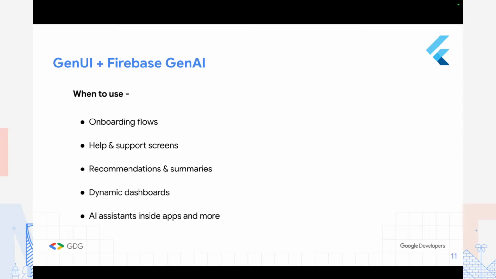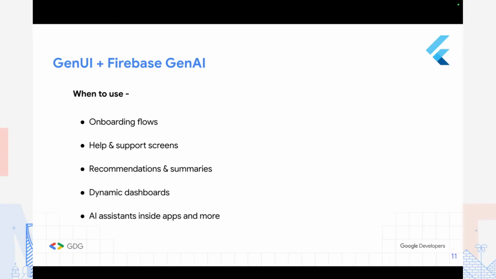Such kind of flows we can keep with Gen AI, because the data will be static. The only thing that remains dynamic here is the number of screens. So we can keep it two and then say add two more screens to my onboarding flow, and that would keep on adding like that.